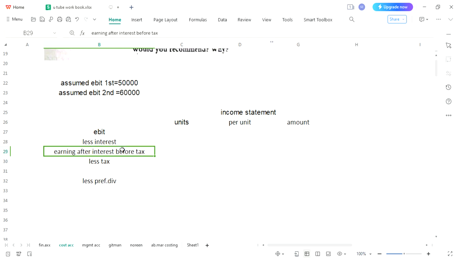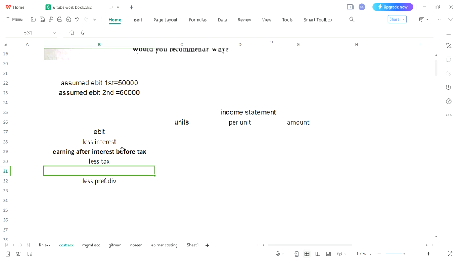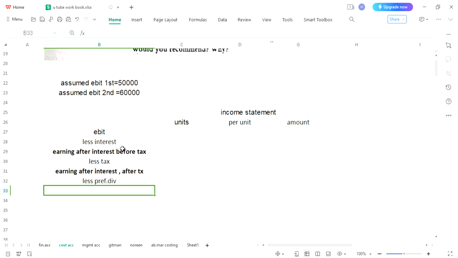This would be the answer when you subtract your interest, and then you will have earning after interest and after tax. Finally, you get your net earning, which is useful for calculation of EPS.